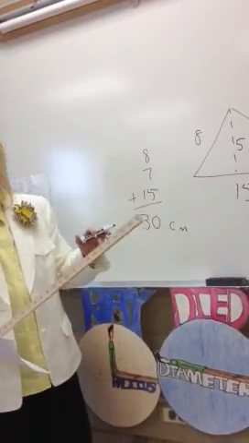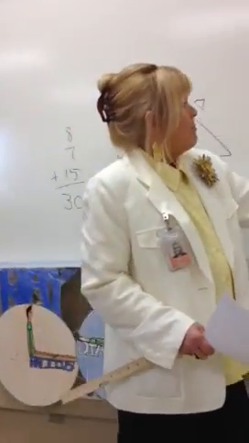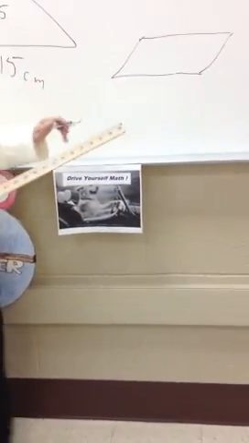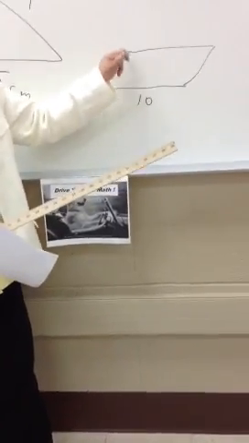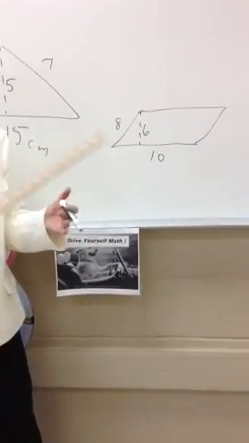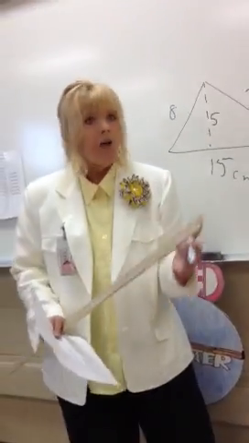Okay? And then anybody know what this shape is? Rectangle? Very good, parallelogram. If it's a parallelogram, it might have an 8 here and a 10 here, and it might have a thing here that says 6. And you have to know what to add. Just, how do you get a perimeter? Add up all the sides.